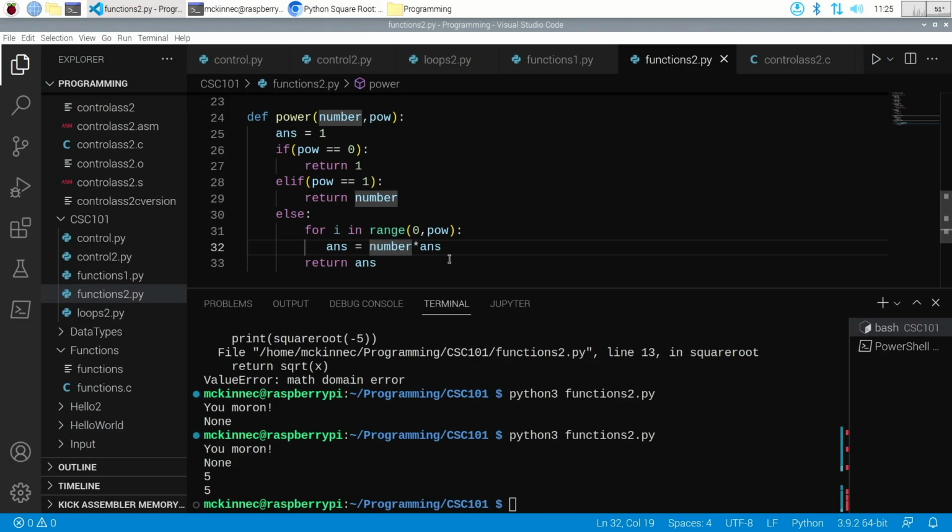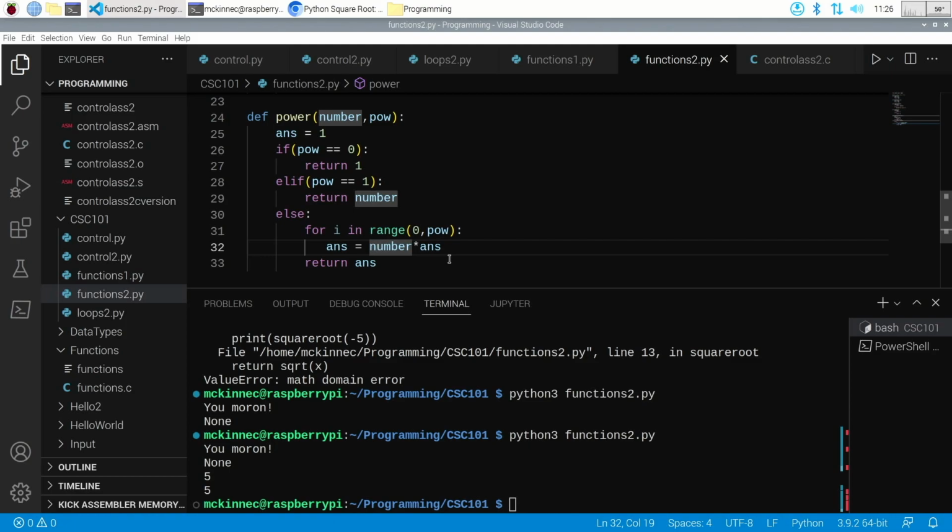Well, let's say that we're doing 2 to the 4th. So for i in range 0 to pow, what's pow in this case? 4. So for i in range 0 to 4, what values does i take on? 0, 1, 2, and 3.